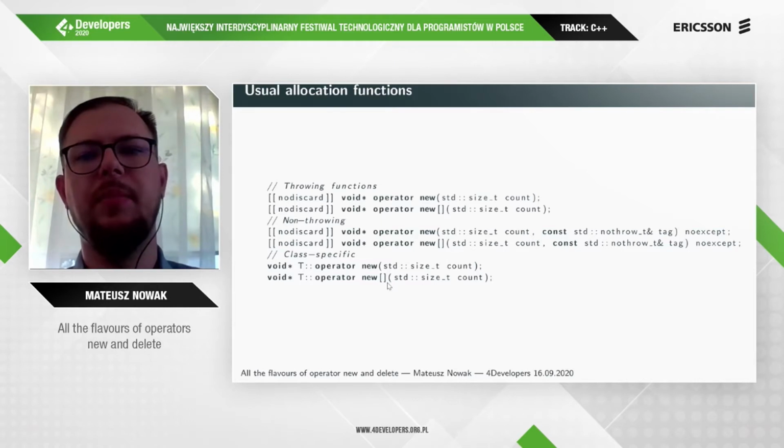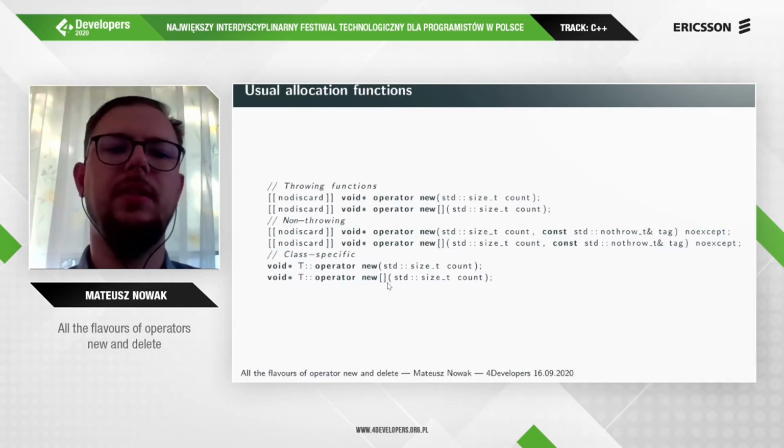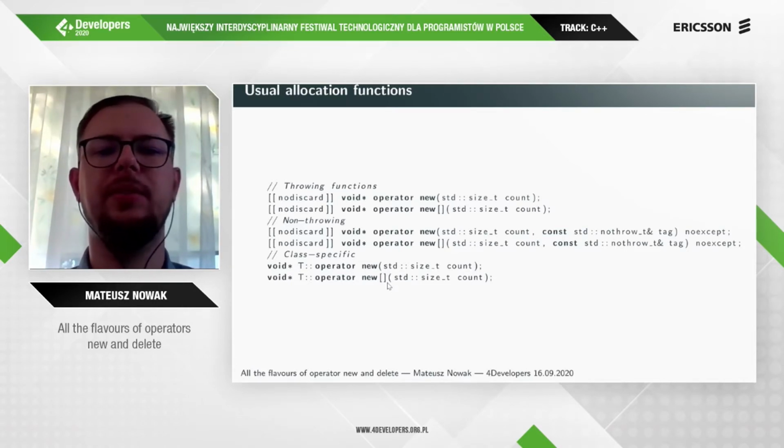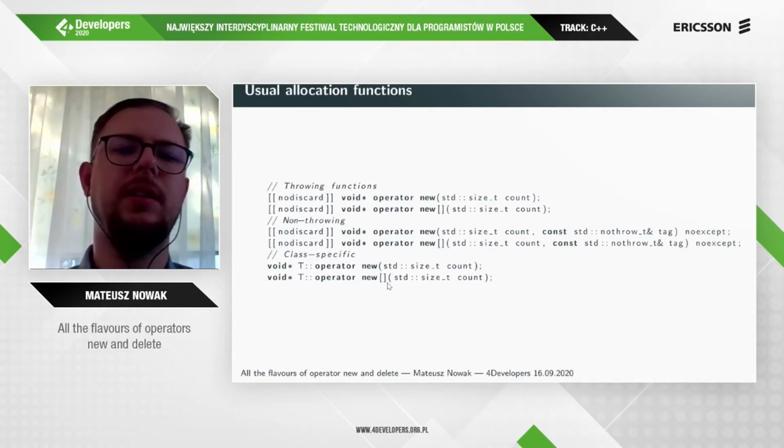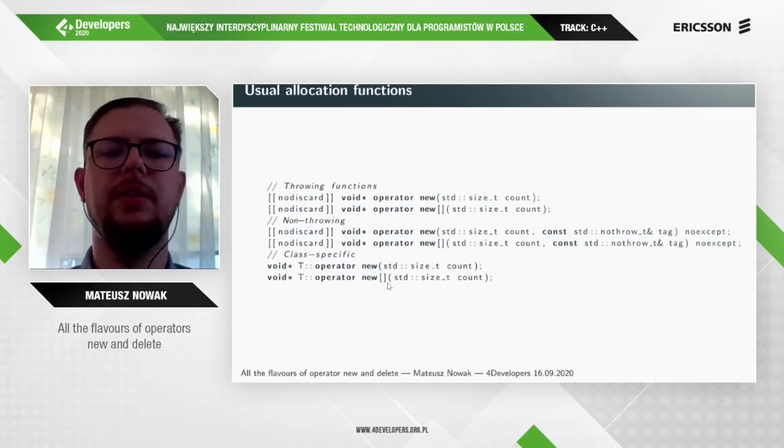So getting back to the operator new flavors, usual allocations, there are two variations. One is the throwing functions. If you call the throwing operator new, you will get an exception on error. You get the non-throwing operator new when passing a tag parameter. I will show later how to pass this tag.